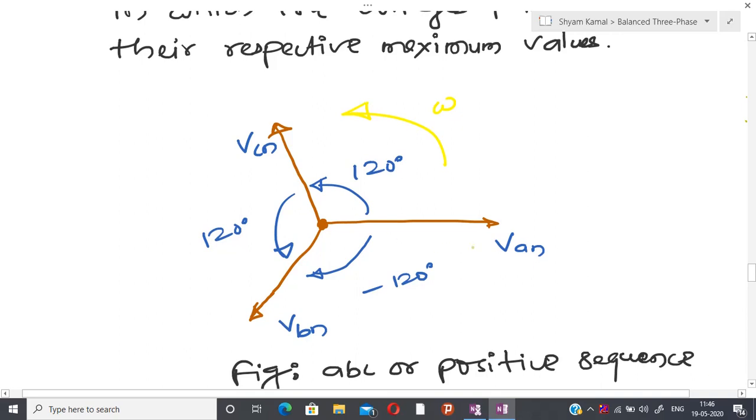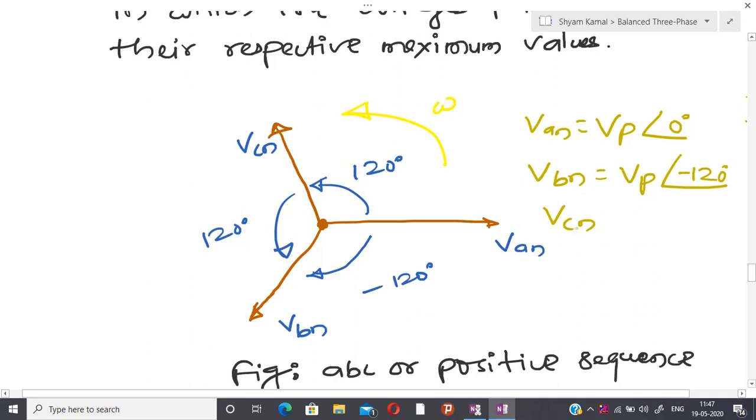Here you can see that VAN is VP, the RMS value of voltage, with phase 0 degrees. VBN is VP with a phase difference of minus 120 degrees, and after that I have VCN, which is VP at minus 240 degrees, or you can also write it as plus 120 degrees. So both are the same.